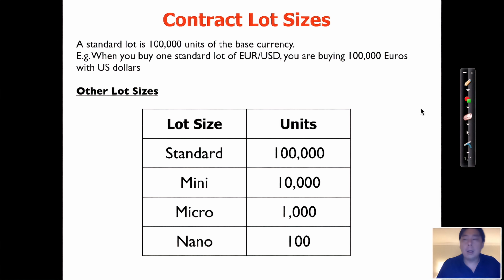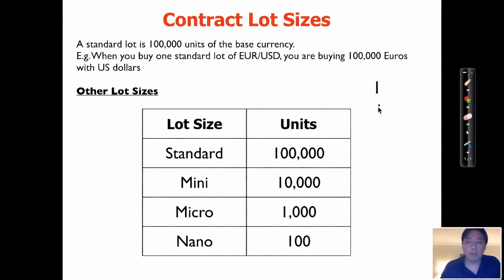For example, if you use most MT4 platforms, you key in terms of lot size. If you want to buy 100,000 euros for Euro USD, then you key in 1, because 1 means one lot, which is 100,000. If you want to buy 50,000, what do you key in?